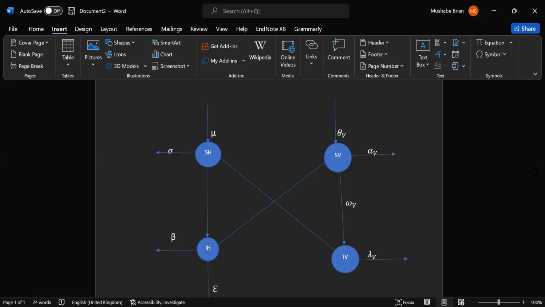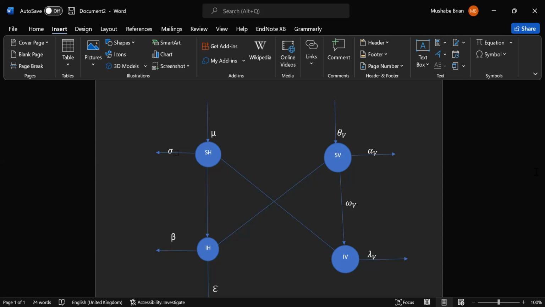And then there is this line that moves from the infected vectors to the susceptible humans, which means that these infected mosquitoes will bite the susceptible humans so that the humans can move to the infected compartment.